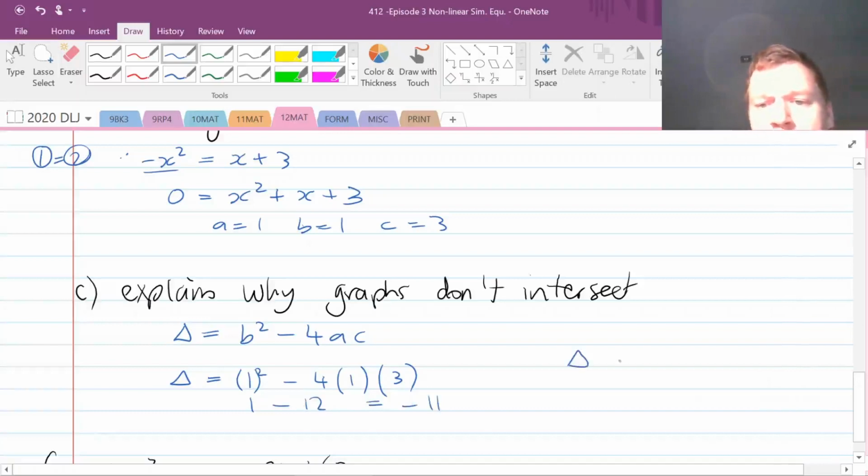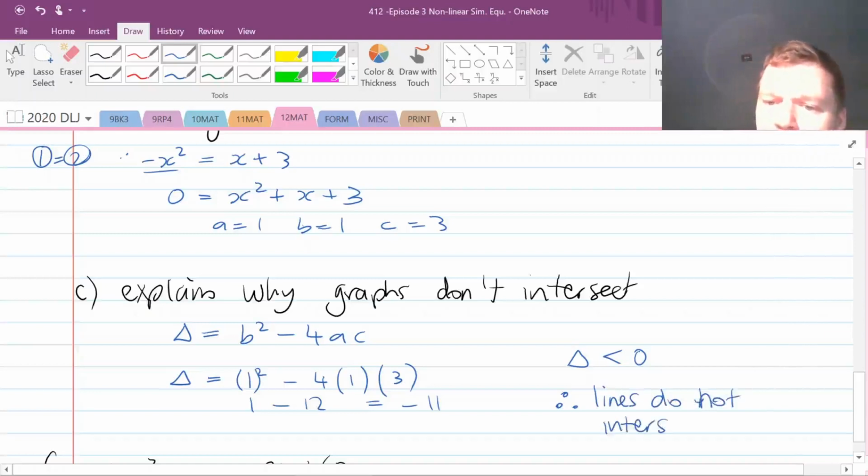So discriminant is less than 0. Therefore, lines do not intersect.